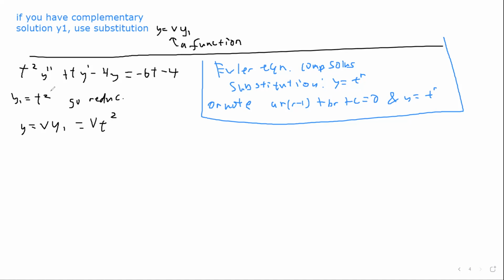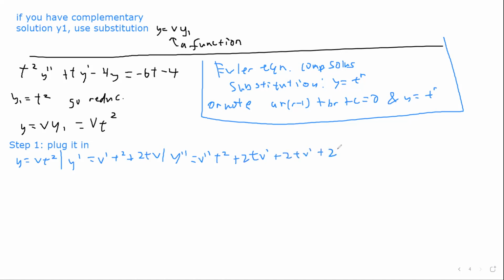So step one, plug it in. y equals v t squared. y prime equals v prime t squared plus 2tv. y double prime equals v double prime t squared plus 2t v prime plus 2t v prime plus 2v, which is equal to v double prime t squared plus 4t v prime plus 2v.